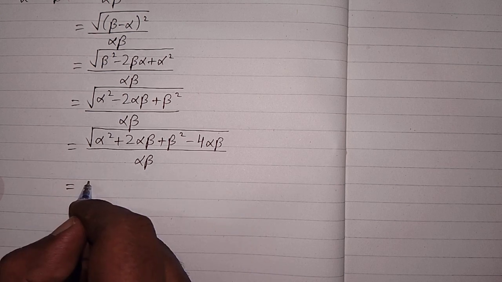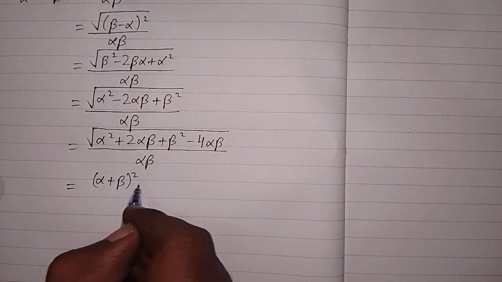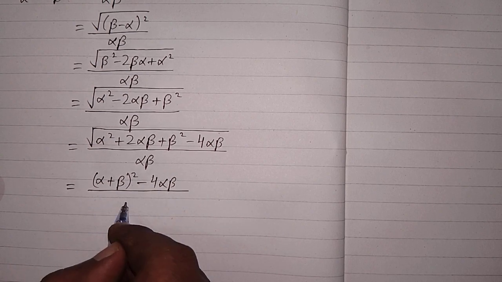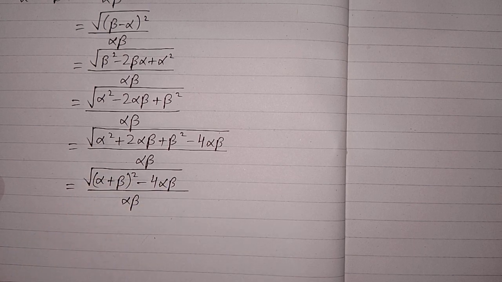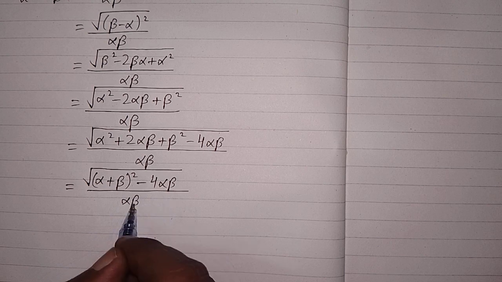Now this will become alpha plus beta whole square minus 4 alpha beta upon alpha beta. Now we can put the value of alpha plus beta and alpha beta over here.